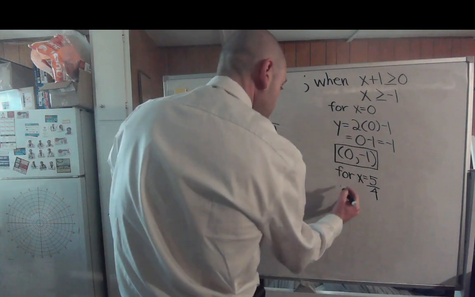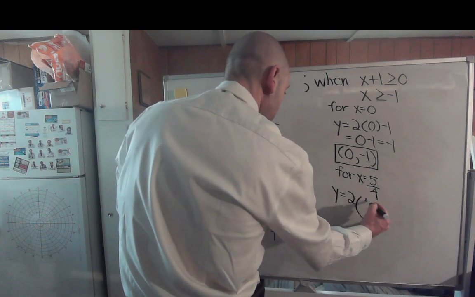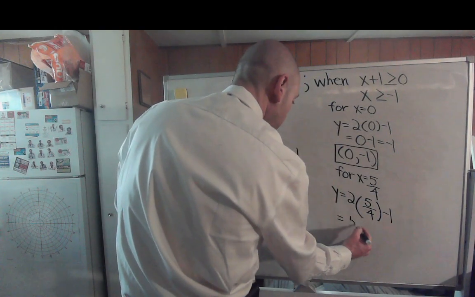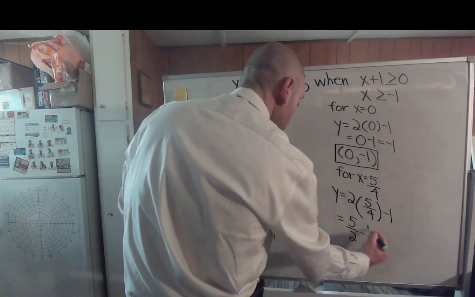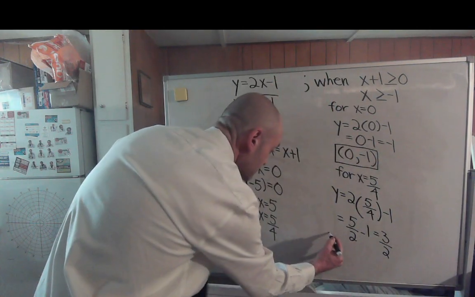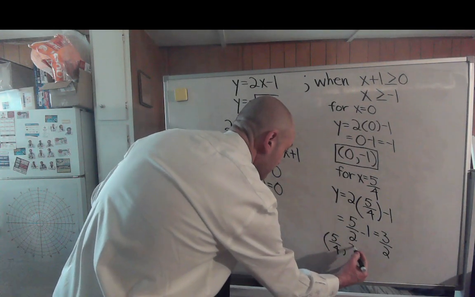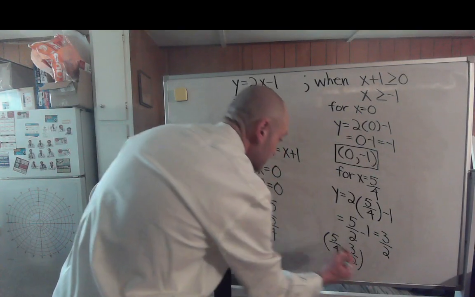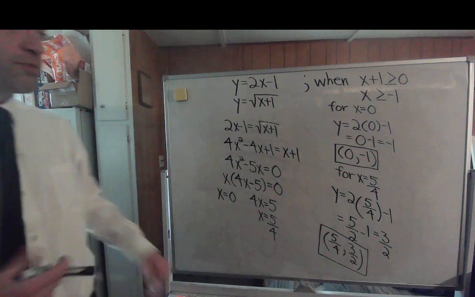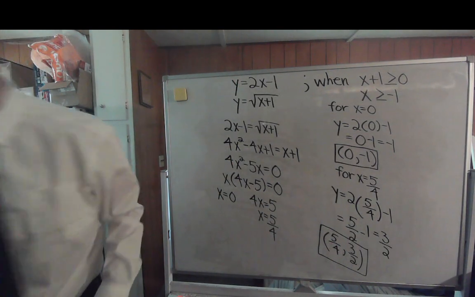That's y equals 2 times 5/4 minus 1, which is 5/2 minus 1, or a y value of 3/2. So the second ordered pair is 5/4 and 3/2. So the line and the radical curve intersect at 2 points, 0, -1, and 5/4, 3/2.